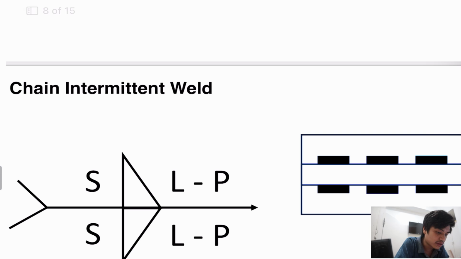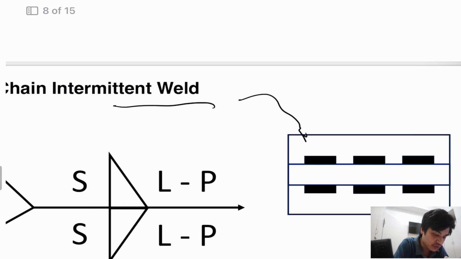Chain intermittent welds differ from the intermittent weld only in that these welds appear on both sides of the joint, similar to this one. As you can see here, there are evenly spaced fillet welds that appear on both sides of the joint, on this side and on this side.